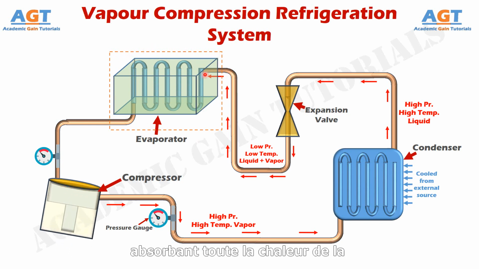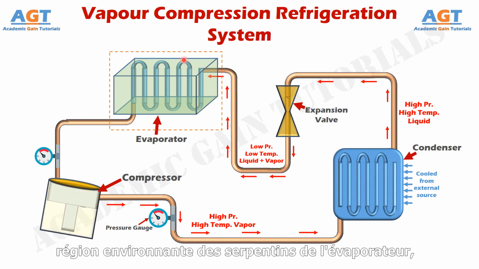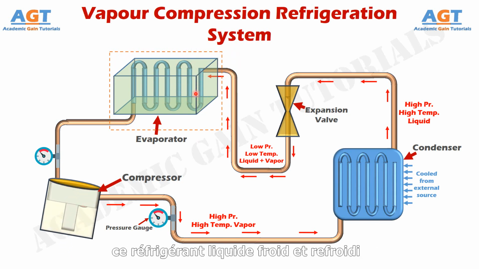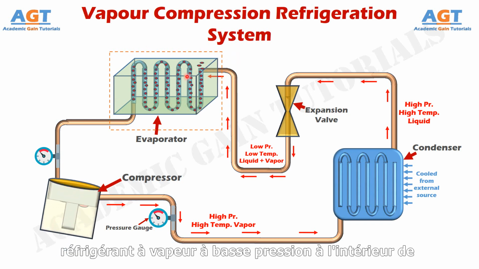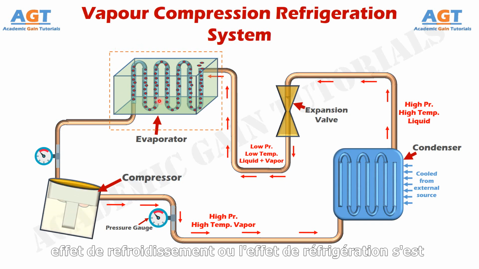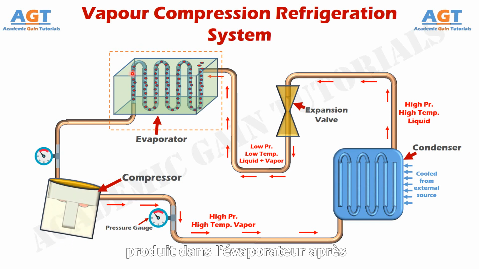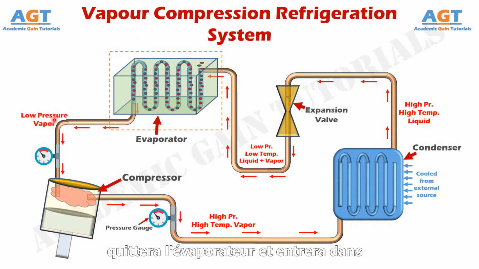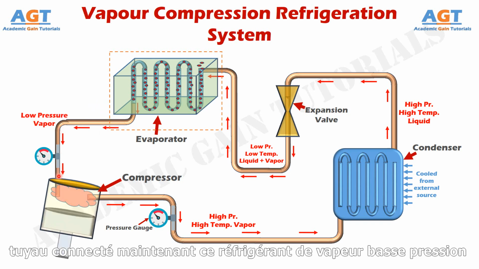By absorbing all the heat from the surrounding region of the evaporator coils, this cold chilled liquid refrigerant will completely turn into low-pressure vapor refrigerant inside these coils, and the surrounding region of the evaporator will become cold by losing the heat to this liquid. Thus the cooling effect or refrigeration effect has occurred in the evaporator. After that, this low-pressure vapor refrigerant will leave the evaporator, and enter into this compressor through this connected pipe.